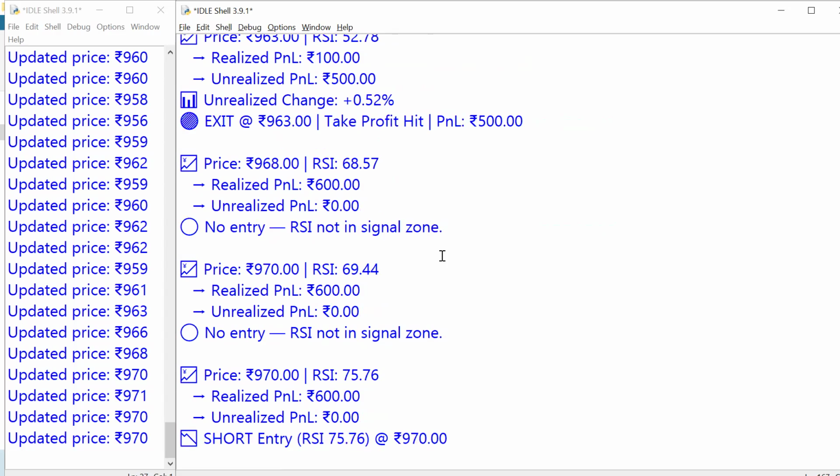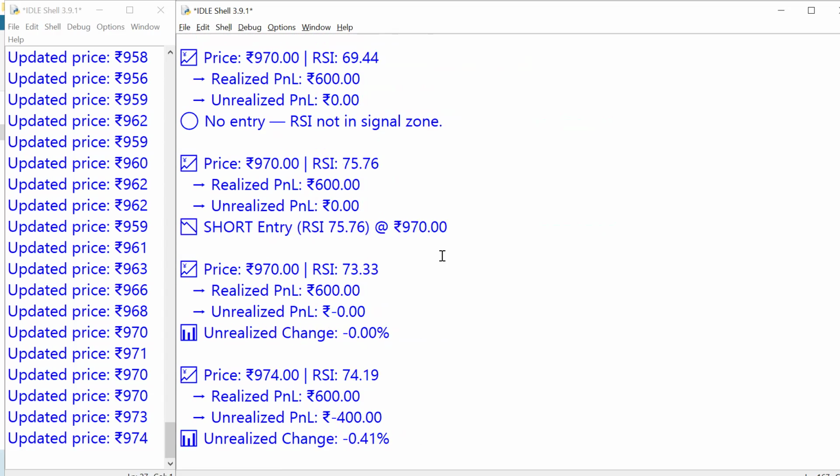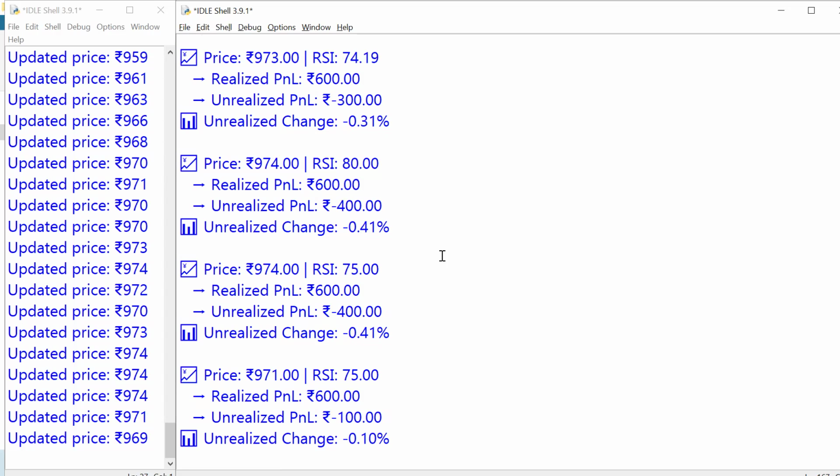You can see the best part of the algo is it has shown the loss part also. We have one more short entry because the RSI is above 70. Let's see what is happening. So RSI is above 70, it has basically taken a short entry.